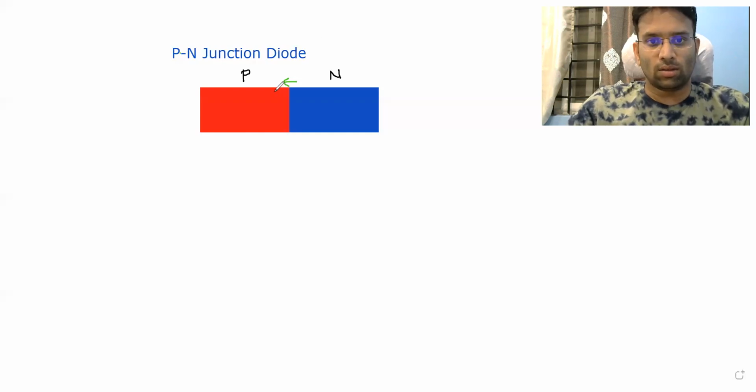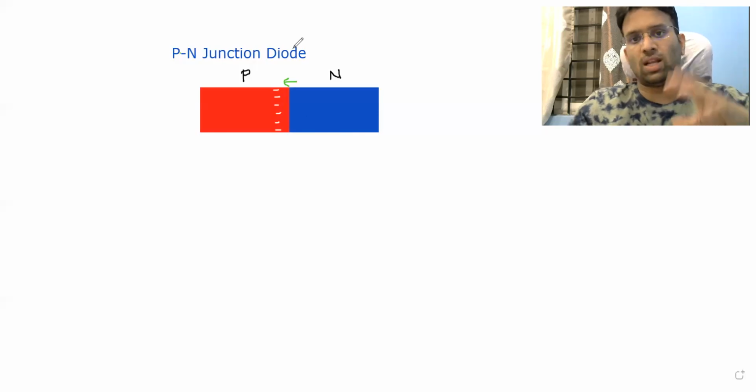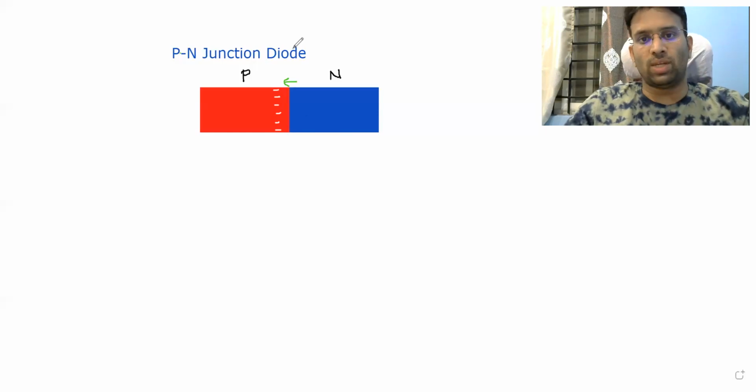And therefore, let me draw the same here. P side gets negatively charged. These electrons will stay nearby the junction. Why? Because there are so many holes on P side that they will take the electrons. As the electrons jump across the junction, the holes on P side will take those electrons and will not allow them to pass along through the P side.